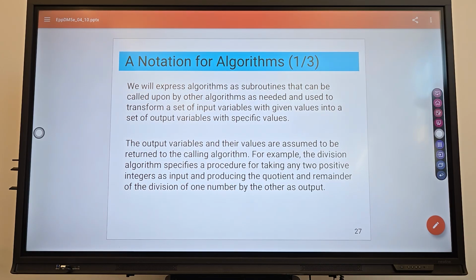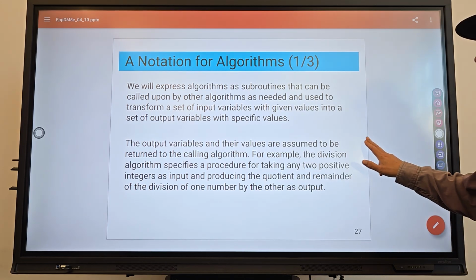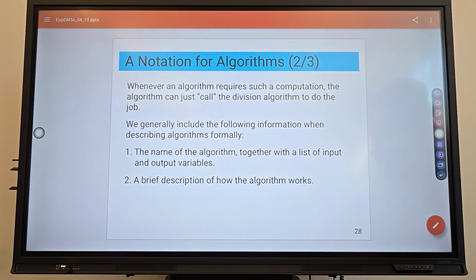For example, the division algorithm specifies a procedure for taking any two positive integers as input and producing a quotient and a remainder of the division of one number by the other as output. Whenever an algorithm requires such a computation, the algorithm can just call the division algorithm to do the job.